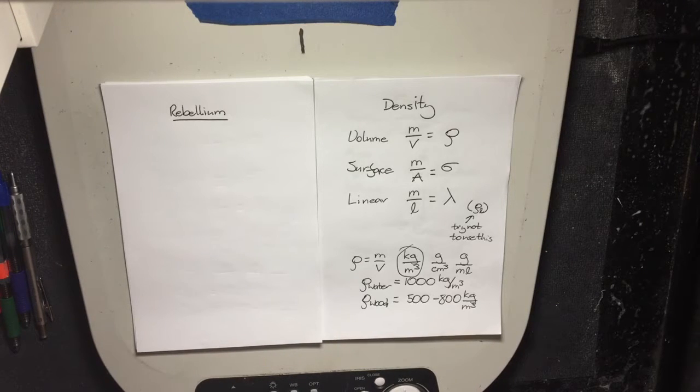Is rebellium a liquid, gas, or solid at room temperature? Answer, yes. Is it lighter than air, denser than water, lighter than water? Yes. Rebellium is whatever I want it to be.